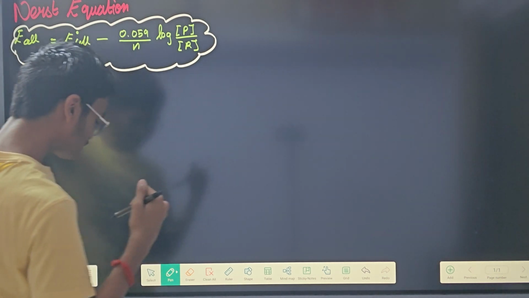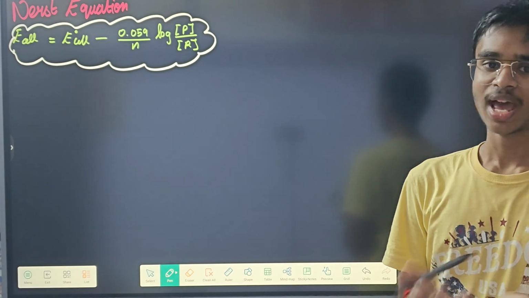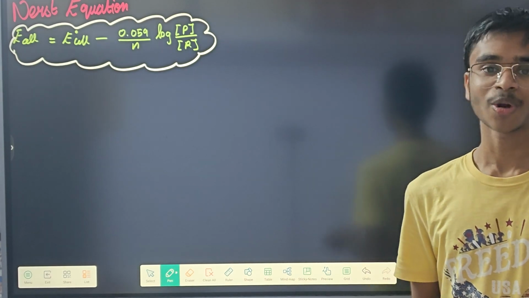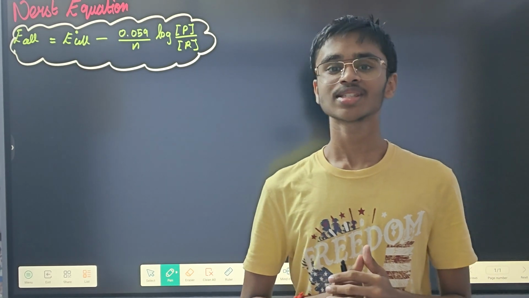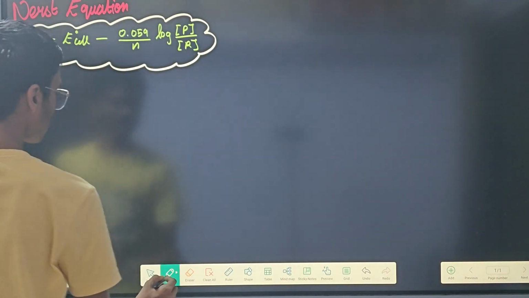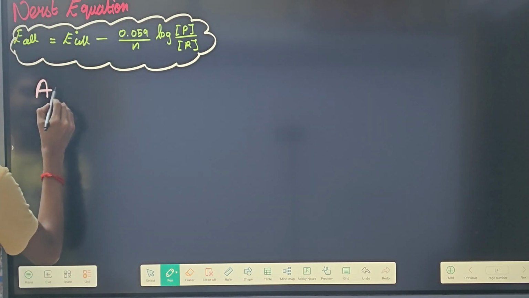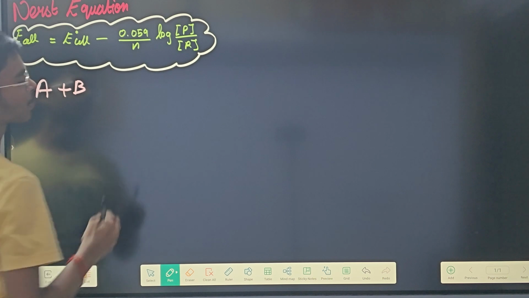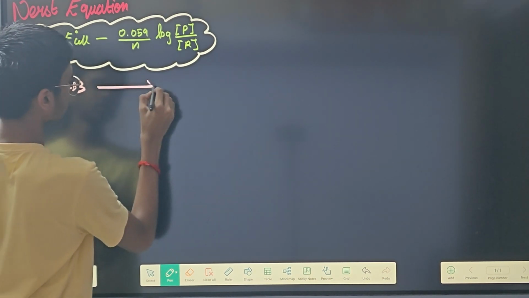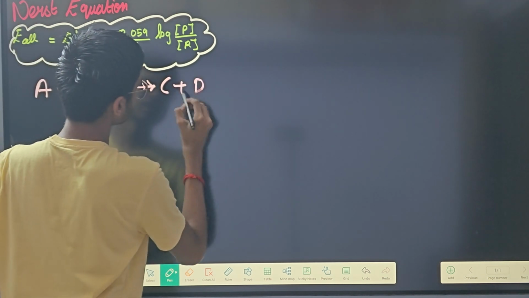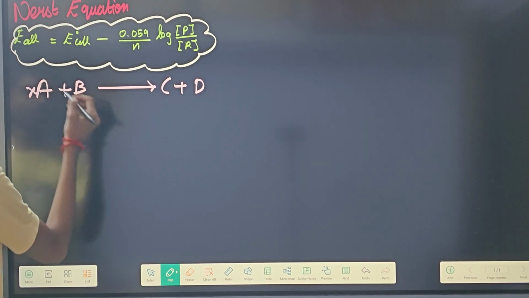First of all, we will check the reaction quotient. We already saw it in thermodynamics in 11th. I haven't uploaded any videos for 11th because I'm not that strong in thermodynamics. But since we studied thermodynamics in 11th standard, we know the reaction quotient. For example, I'm going to consider a reaction A plus B, an equilibrium reaction, which gives C plus D. The concentrations are x, y, l, and n.